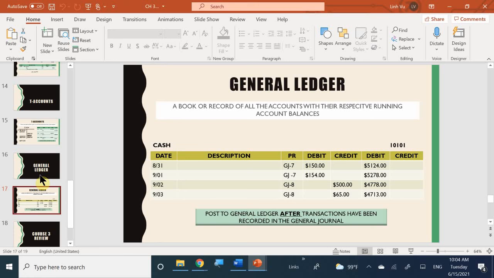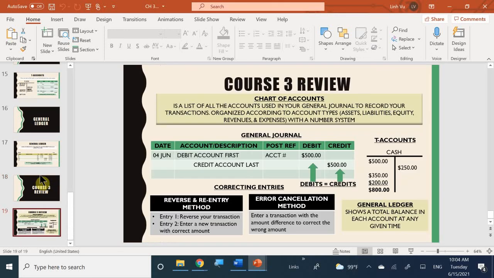So for example, your checking account, you should run your general ledger, which gives you your account balance at any given time. So when we journalize a transaction, we post it to the ledger to let us know how much money we have in our bank account at all times. So that's the difference between the journal and the ledger. The ledger will have all of the accounts with their respective account balances.